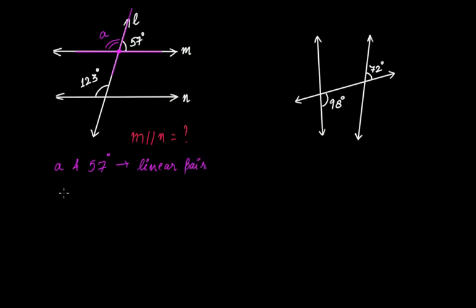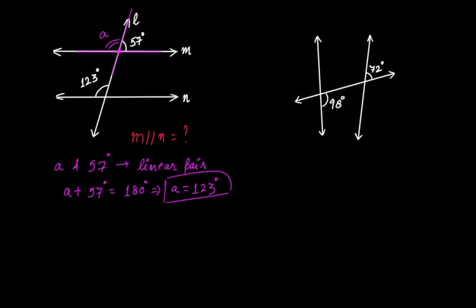And since they are a linear pair, therefore A plus 57 degrees is equal to 180 degrees. And if you solve it, you'll get A is equal to 123 degrees.